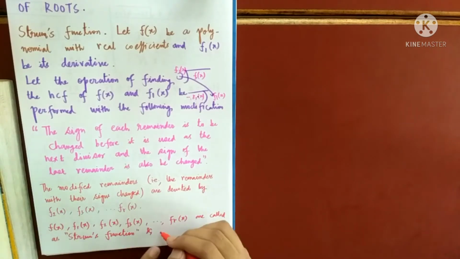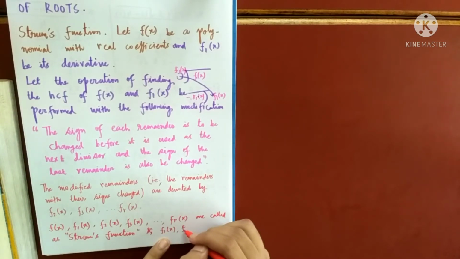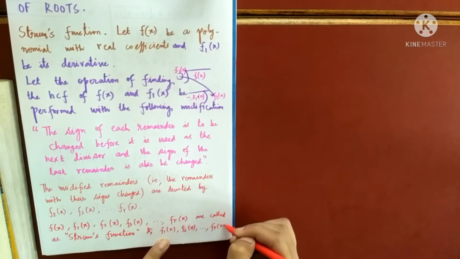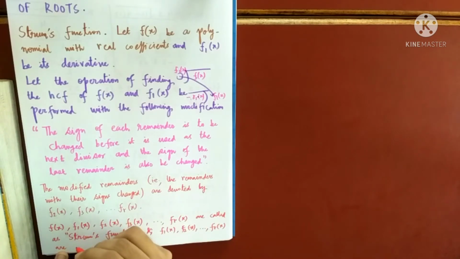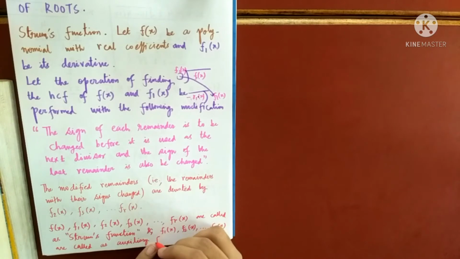except the polynomial, the remaining ones, f1(x), the derivative, and the modified remainders, dot fr(x), are called auxiliary functions. Which are the new functions which we have made?